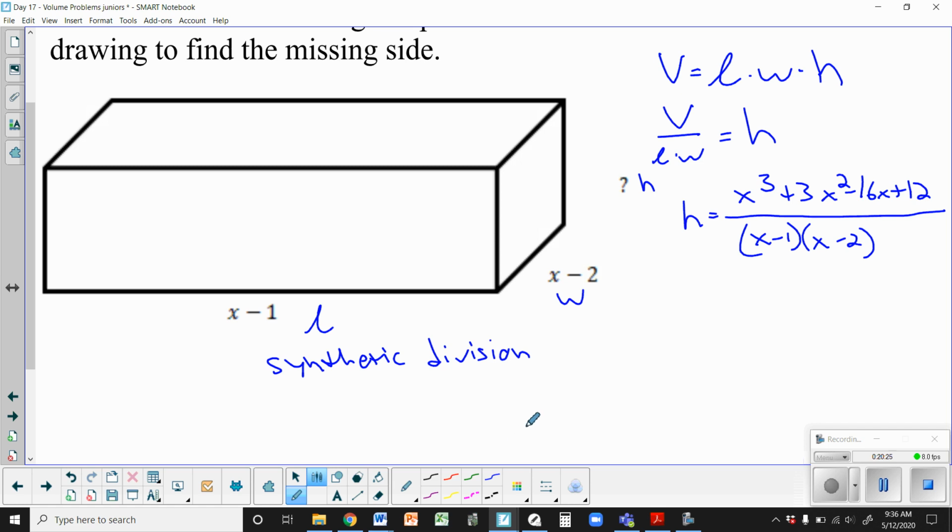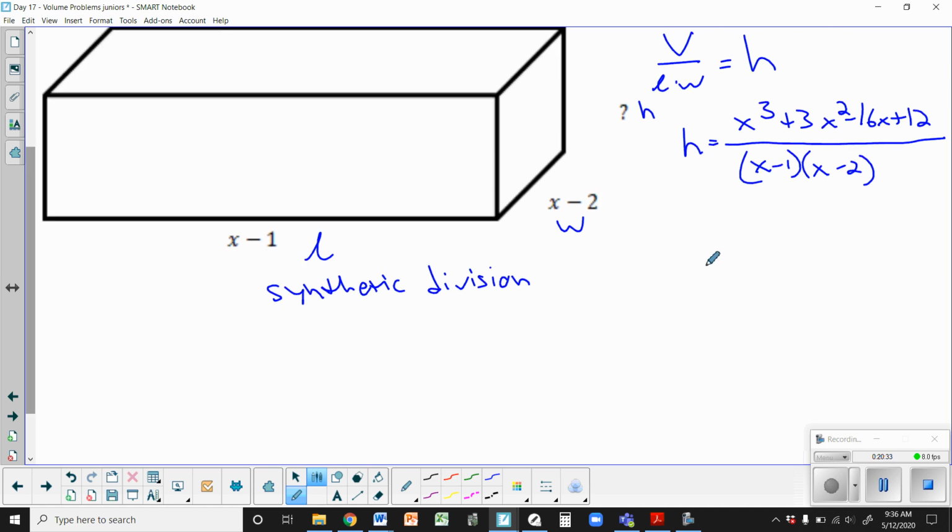Okay, so synthetic division. What we need to do is divide by x minus 1, then we'll divide by x minus 2. If you did long division, you multiplied these two. So dividing by x minus 1, x minus 1 equals 0, so x equals 1.